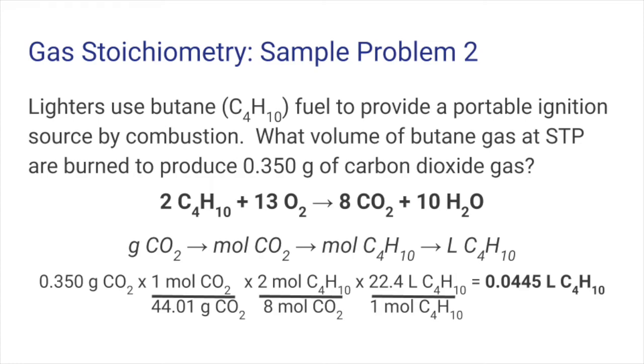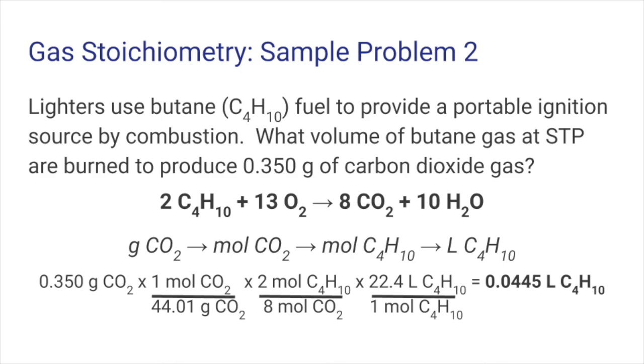After that, since the gas is at STP, we'll use the molar volume at STP to convert the moles of butane into a volume of butane. After doing the dimensional analysis, we'll discover the volume of butane is 0.0445 liters.